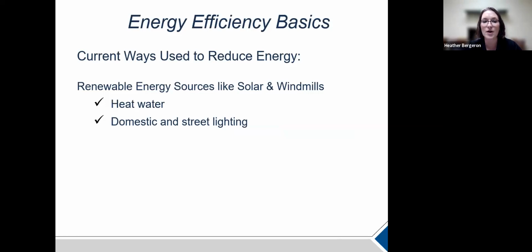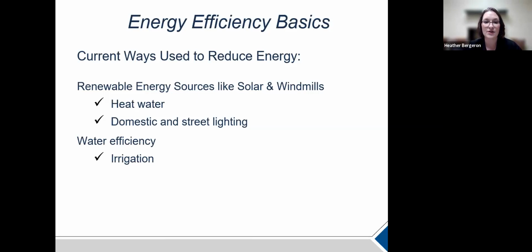That's with heating of water and domestic and street lighting. I think we've all seen within the last few years that some of the street lighting in parking lots and neighborhoods have solar panels to reduce electrical energy as well.